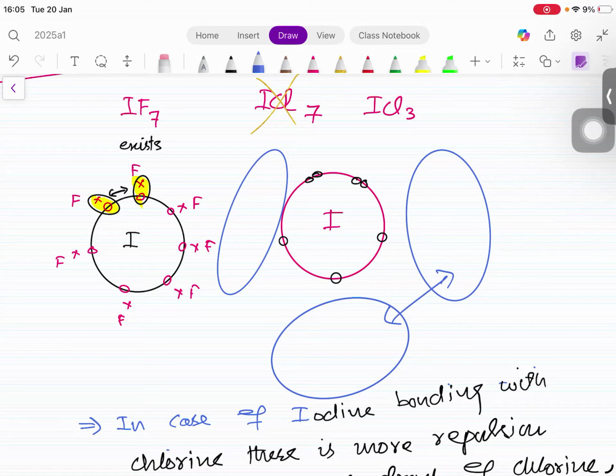Definition: the bond formed by sharing of electrons, but the electron pair shared belongs to one atom only.